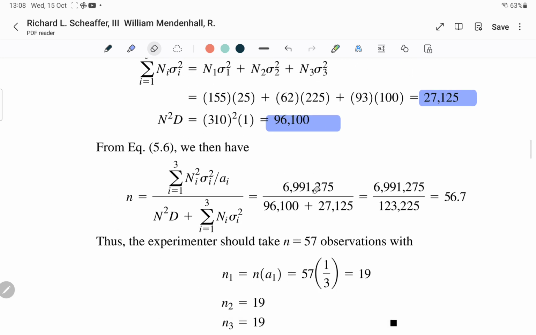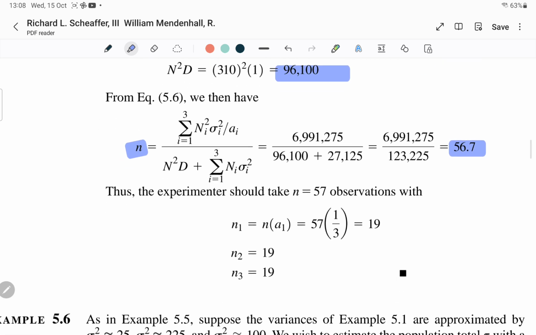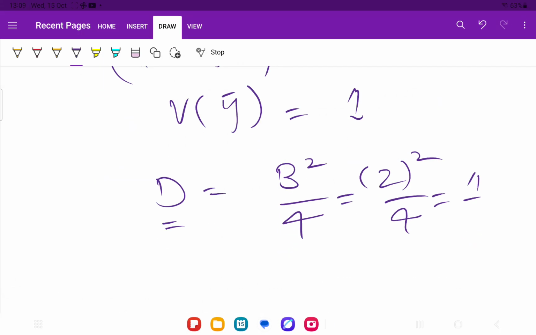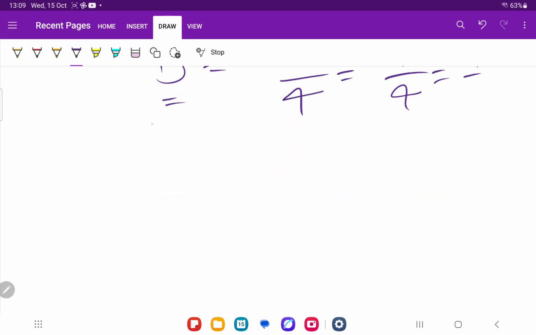We just need to put all those values inside the formula to get the sample size. Small n is equal to 56. Now we could easily estimate out of n. Since the n was not there before, once we have the n, it is almost 57.